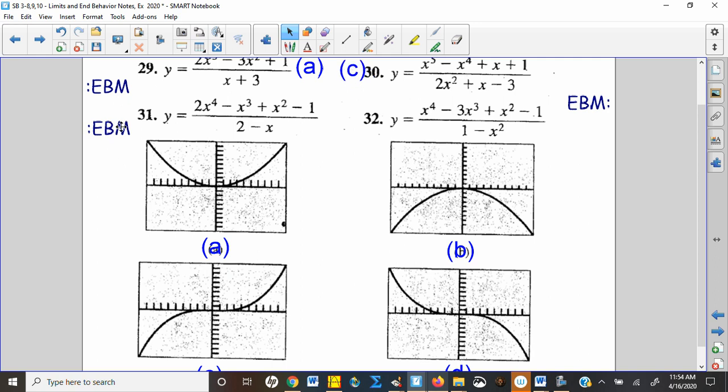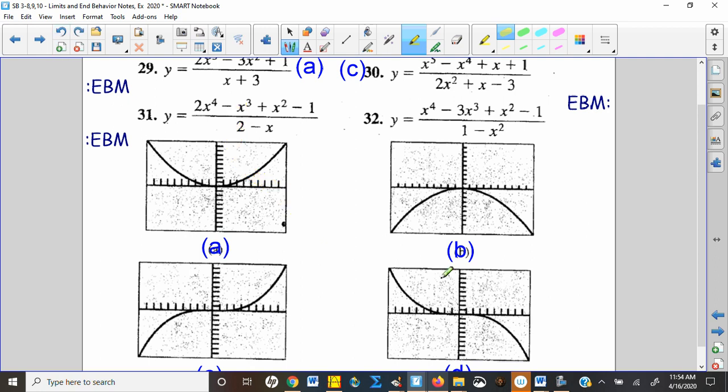31 is 2x to the fourth over negative x. Don't put it over 2 because x is more powerful than 2. And so that reduces to a negative 2x cubed. So a negative cubic. So that's going to have the exact opposite, right, shape.